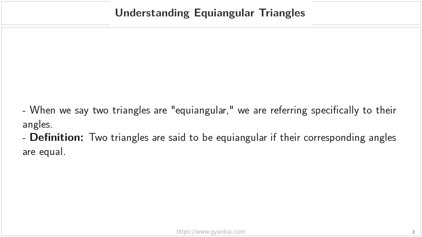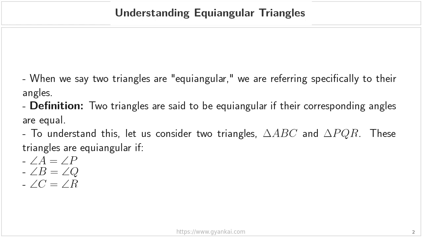By definition, 2 triangles are considered equiangular if their corresponding angles are exactly equal. To make this concept concrete, let's look at 2 triangles, delta ABC and delta PQR. For these 2 triangles to be equiangular, we need to see a perfect match in their angles. Specifically, angle A must equal angle P, angle B must equal angle Q, and angle C must equal angle R.